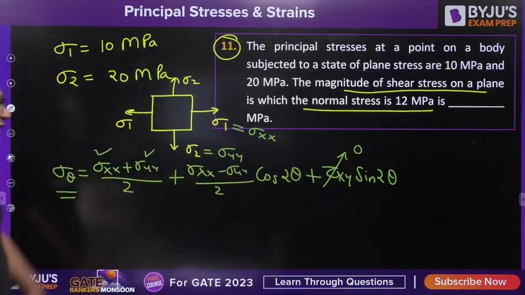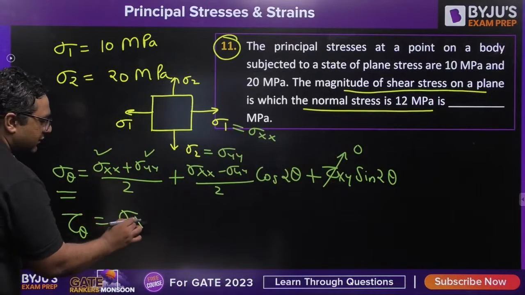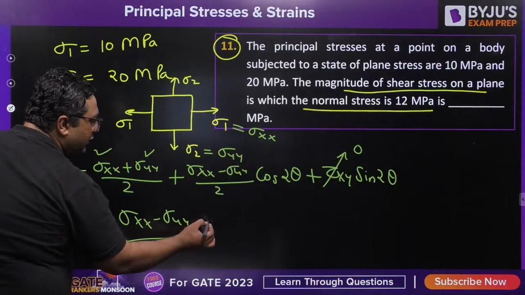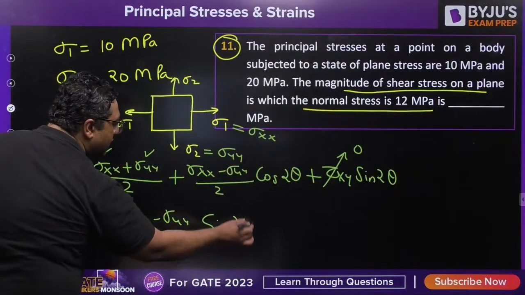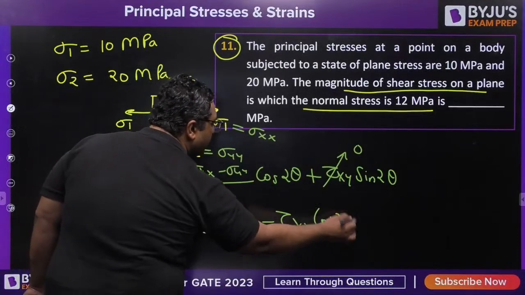Using this you can find theta, and then you can find tau theta as sigma xx minus sigma yy by 2 into sin 2 theta minus tau xy cos 2 theta.